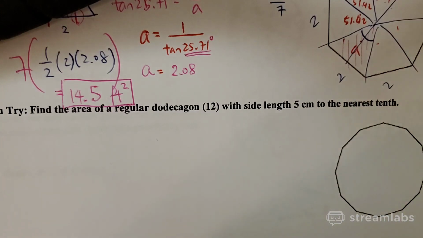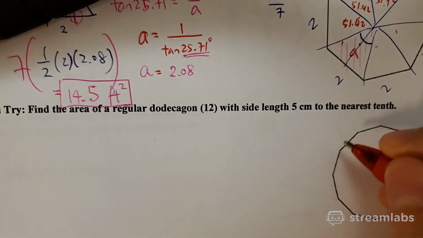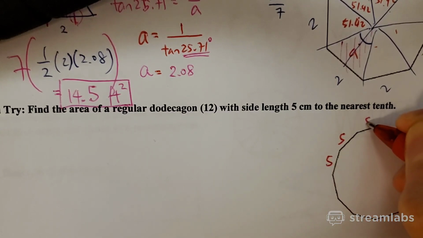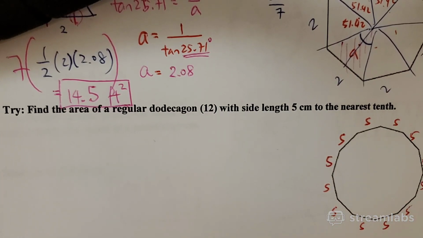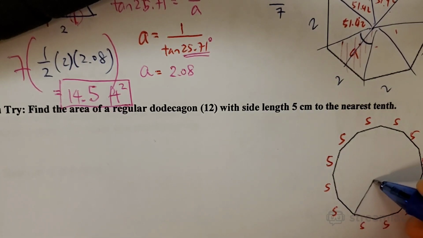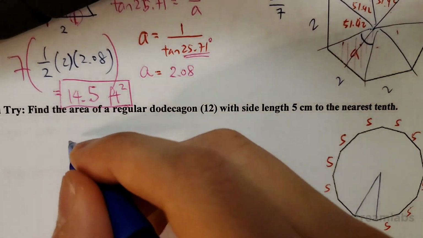Okay? So, let's look at this. How far are we on this problem? I'll start doing some markings. So length is 5 each, right? Done. What do you get? Take out this triangle right here.